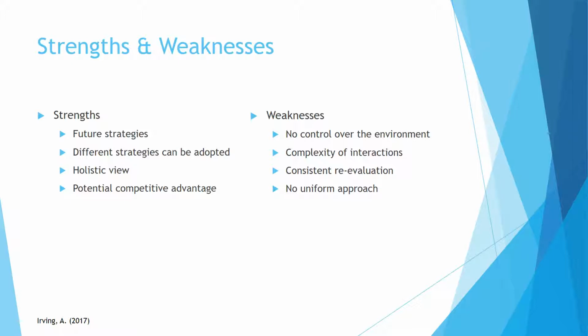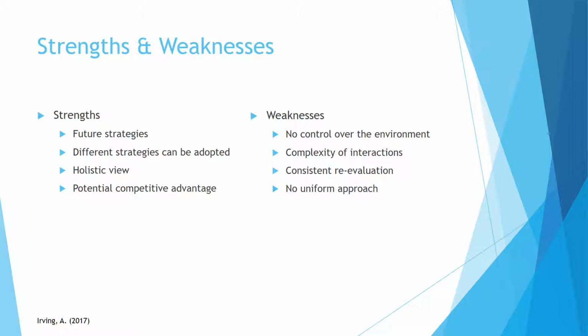This approach also provides a holistic view of the organization. The organization is studied as a whole and not through its parts. This enables it to adapt to the needs of the environment as well. Lastly, being able to either understand market trends and/or create market trends through the use of feedback loops will provide the organization a potential competitive advantage.